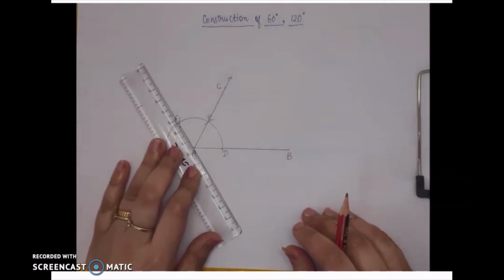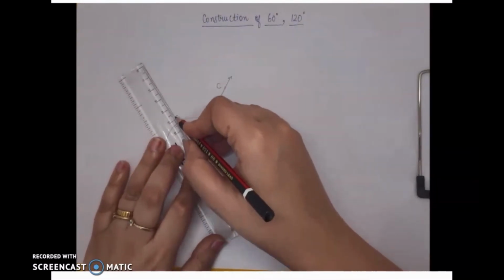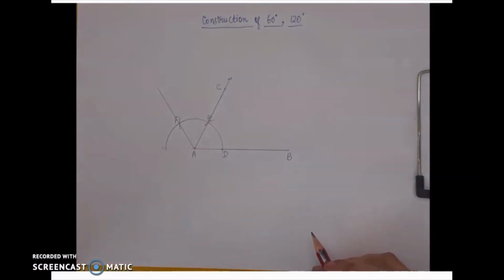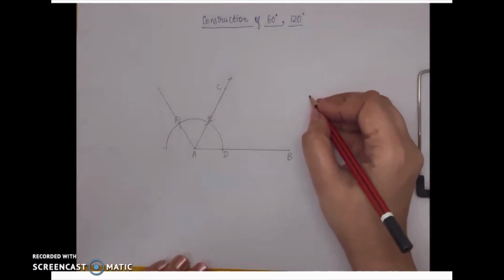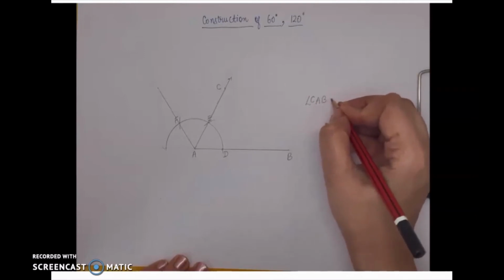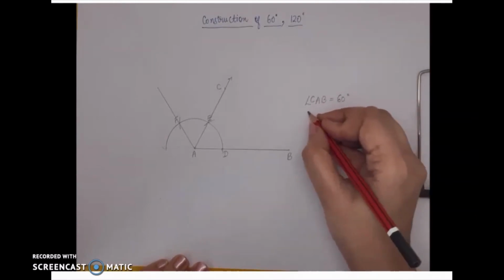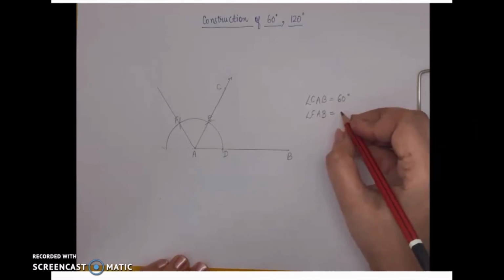Then if you join AF and extend the line, this will give you 120 degree. So angle CAB is equal to 60 degree. Angle FAB is equal to 120 degree.